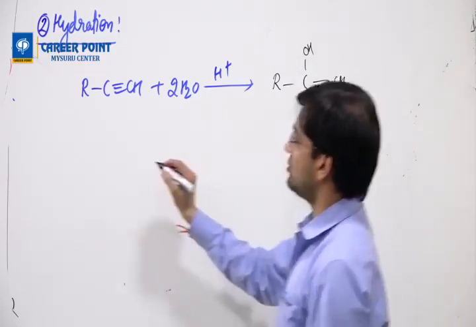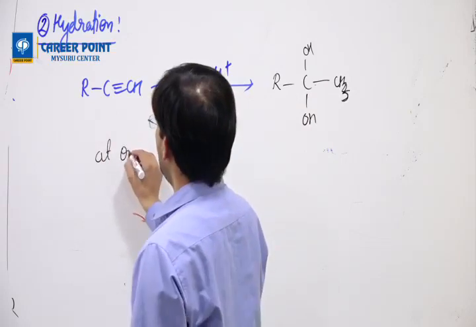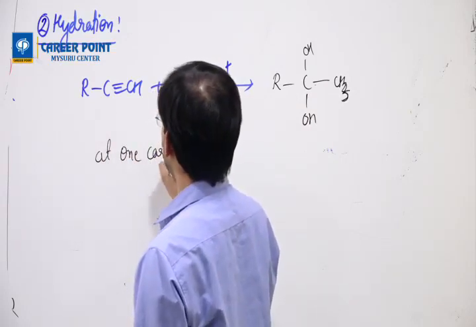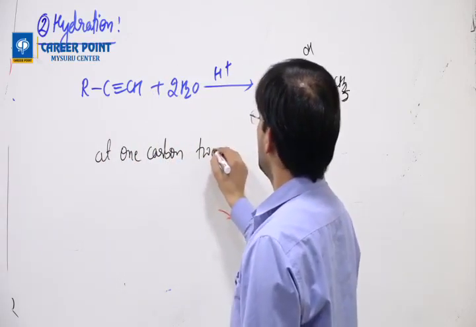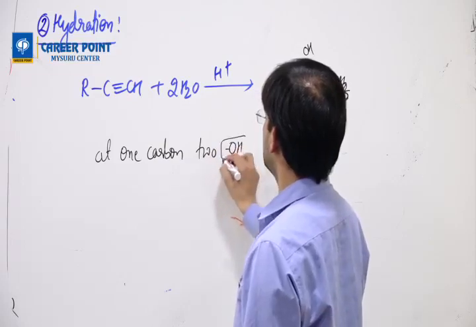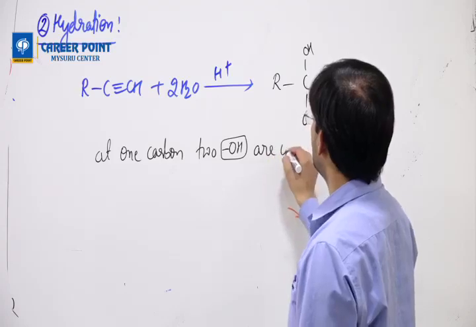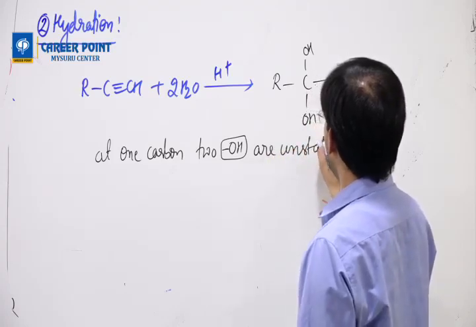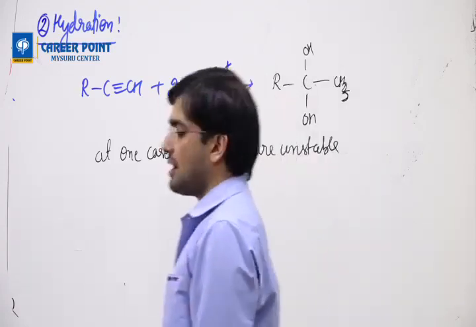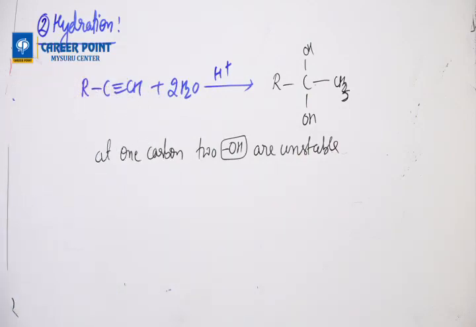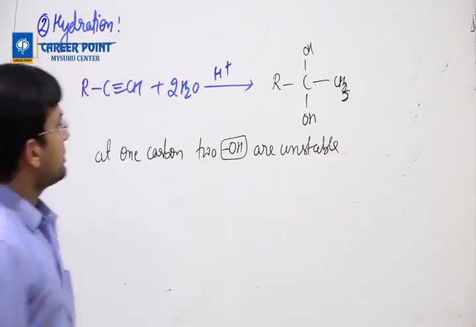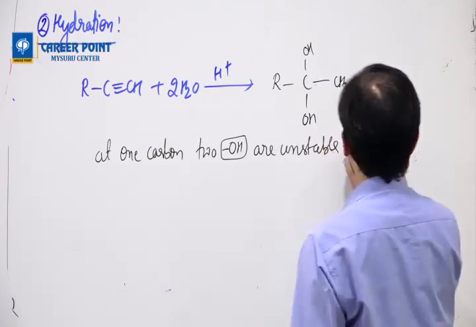Now there is one rule which you need to understand: at 1 carbon, 2 OH groups are unstable. So if they are unstable, what do they do?